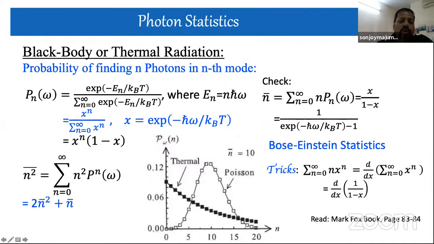You have to work it out a little bit, and you get 2 n bar squared plus n bar. So the variance, which is the mean of n squared minus n bar squared, is nothing but n bar squared plus n bar.